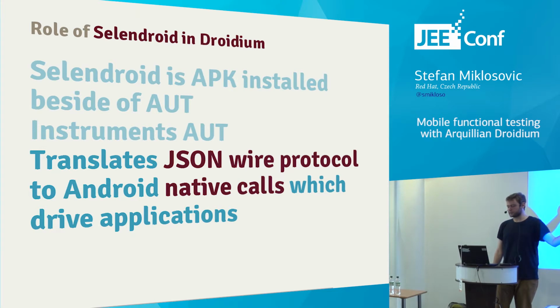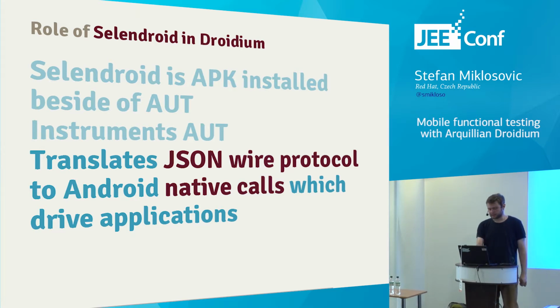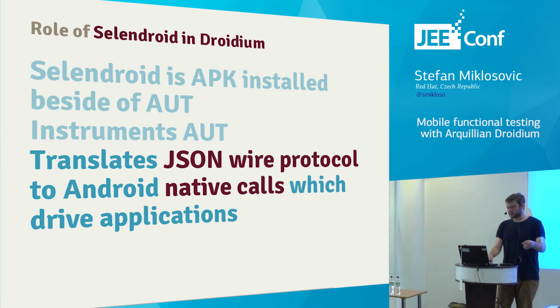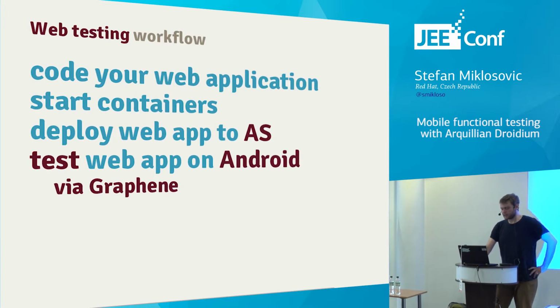So when, from your test, you send some JSON wire protocol command like open or click on the button, Selendroid internally translates this JSON wire protocol and clicks on that button the Android way, by native Android calls. So by this pattern, you can translate your JSON wire protocol to native Android calls, and that's it.